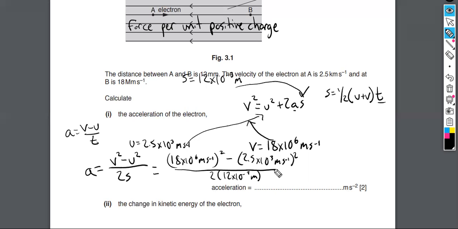Let's find some numbers here. 18 and 6. 2.5, 5, 10.